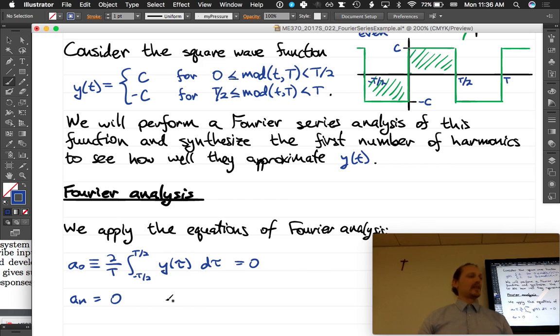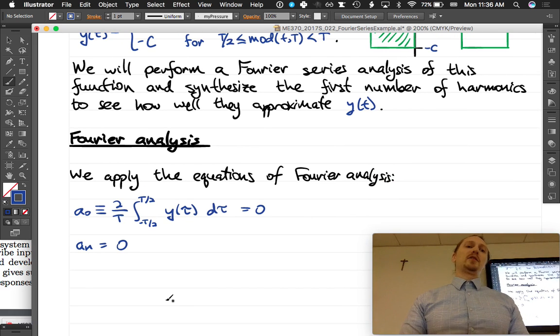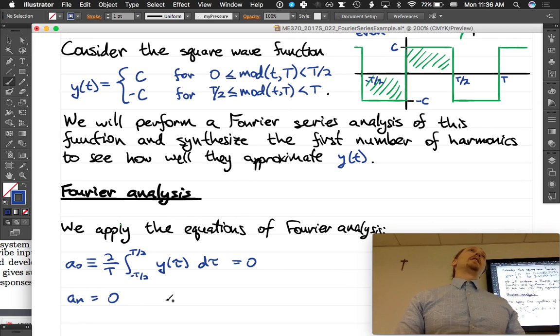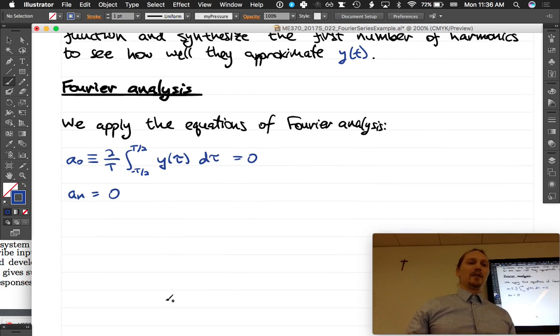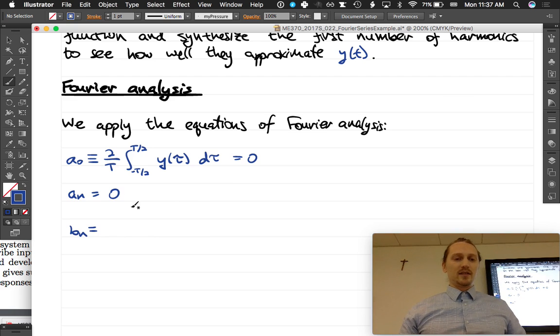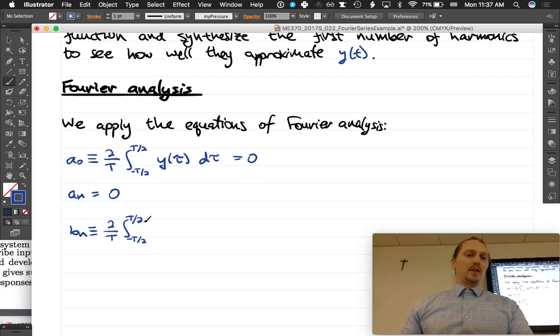Okay. That just leaves us with the BNs, which better not all be 0, otherwise we're going to have an issue. So we screwed up somewhere. So Bn, by definition, is equal to 2 over big T times the integral from minus T over 2 to T over 2.